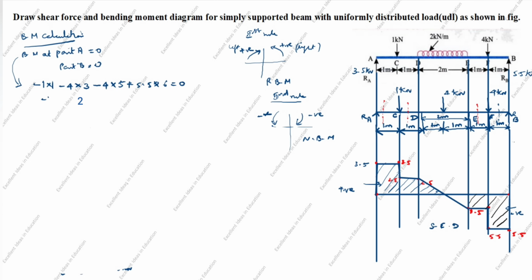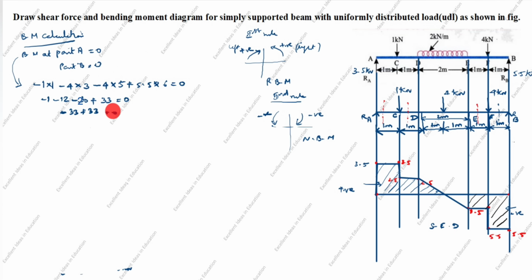Minus 4 into 3 is minus 12. Minus 4 into 5 is minus 20, plus 5.5 into 6 is 33, equal to 0. You add these: minus 33 plus 33 is equal to 0. You see the left side answer and right side answer are the same.